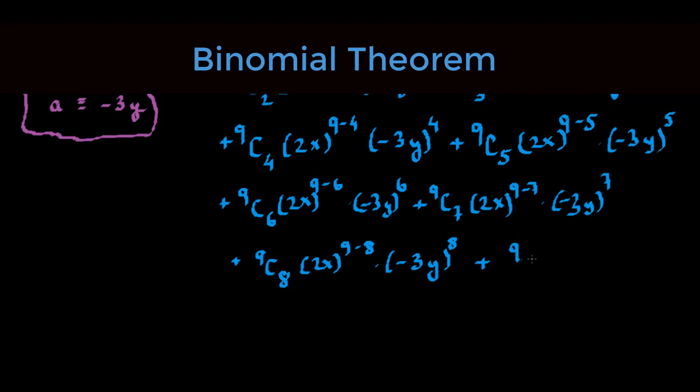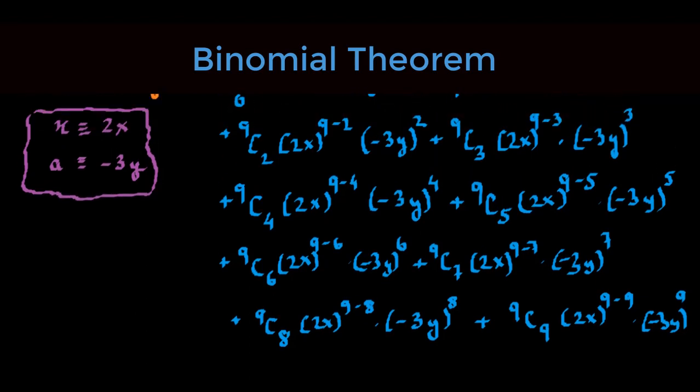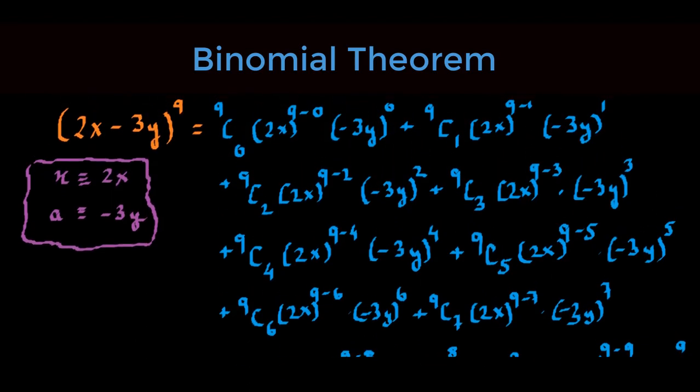And the final term will be 9C9 (2x) raised to the power 9 minus 9 times negative 3y raised to the power of 9. What we have to do is compute each of the terms.